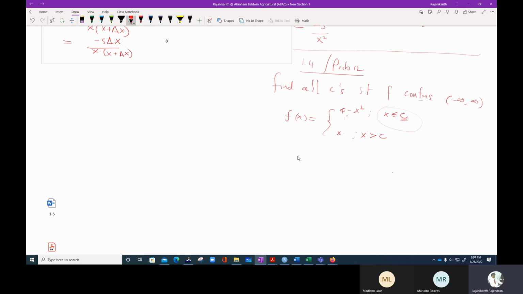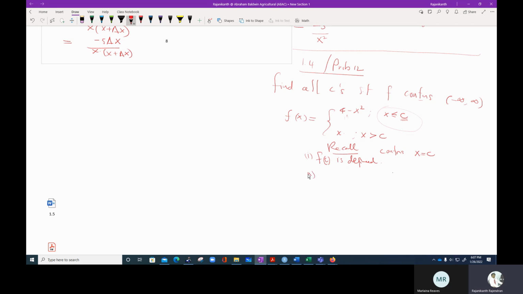Remember, to be a continuous function, there are three conditions that should always be satisfied. So recall the continuity properties. If the function is continuous at a, I'm using that point as c now. If the function is continuous at c, there are three conditions that should be satisfied. The function at that point c should be defined.